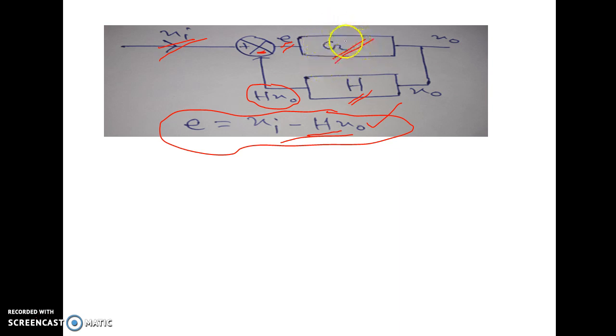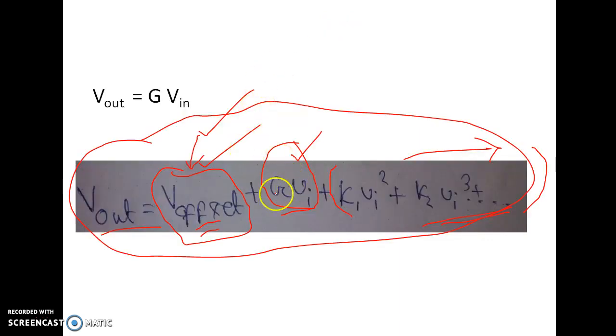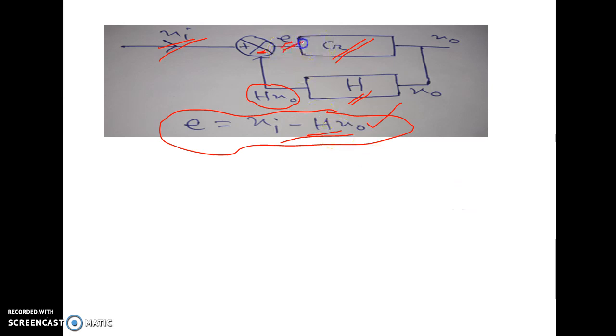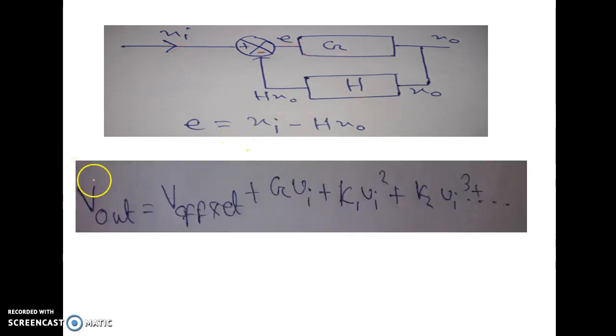Okay, now suppose this is a non-linear block, that means it is not an ideal amplifier, it is a non-linear amplifier block. Then obviously we can substitute the Vi by the E, because now in the non-linear amplifier E is the input. Clear? So this is the expression for open loop gain. That means when feedback is not applied, then Xi, which I have taken as the general case, is equal to Vi.